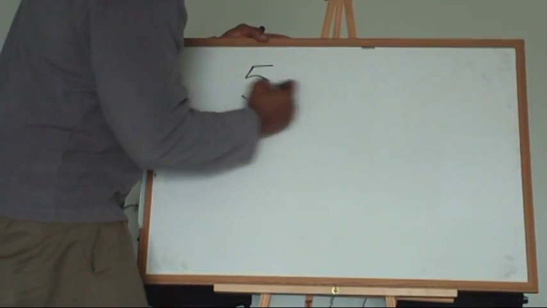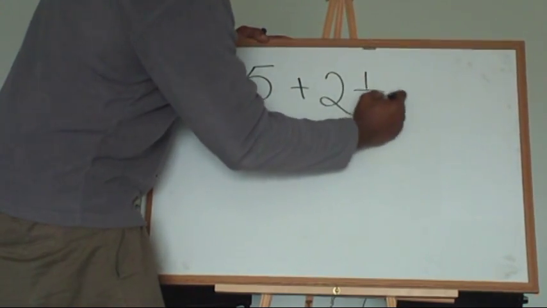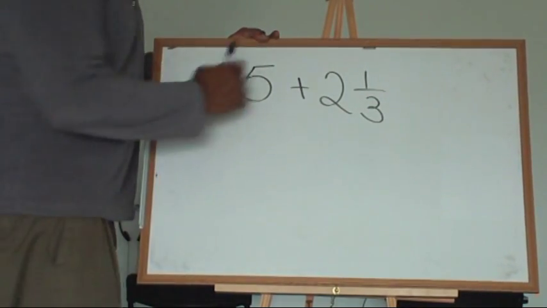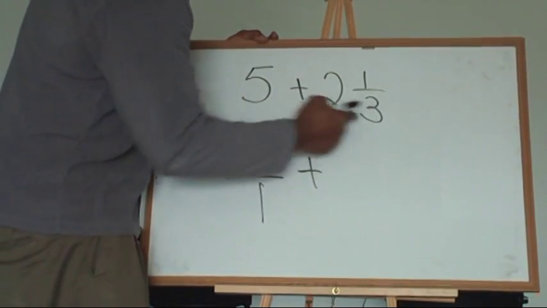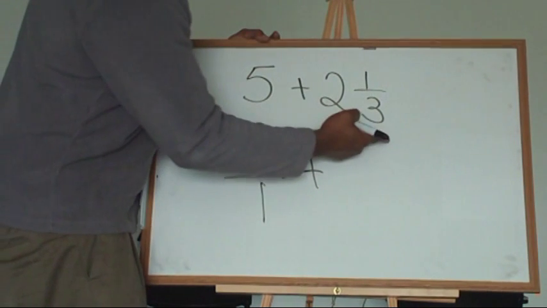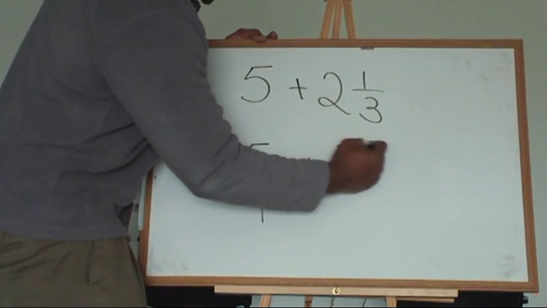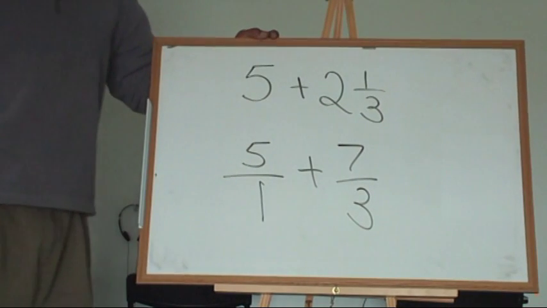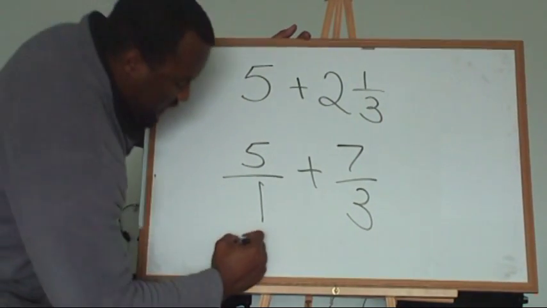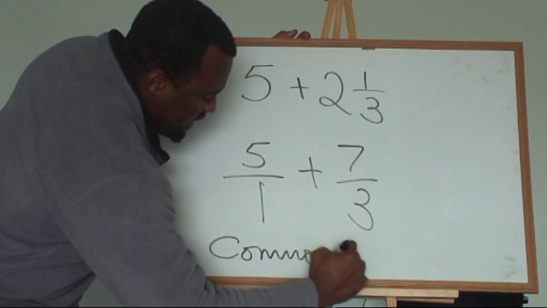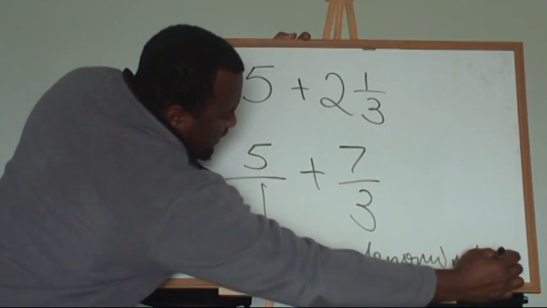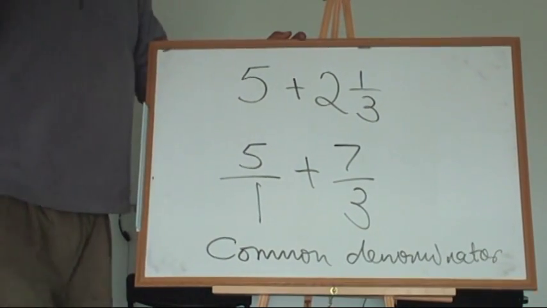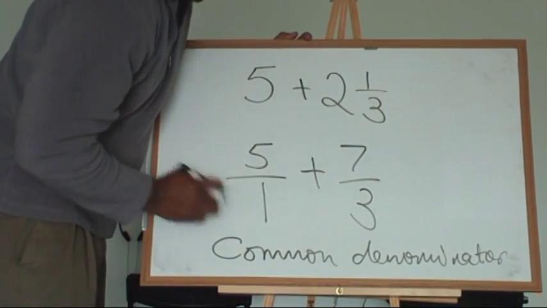Okay, adding fractions. Whole numbers and mixed numbers. Change the whole number into a fraction. Change the mixed number into an improper fraction. 3 times 2 plus 1. Okay. Now, you've got to find a common denominator. But really, you just need to make these 2 numbers the same.